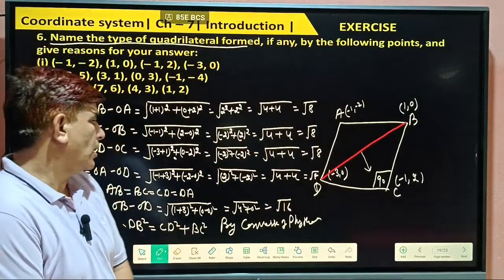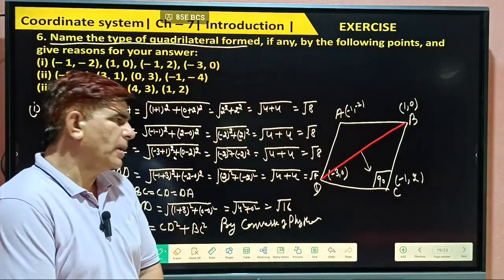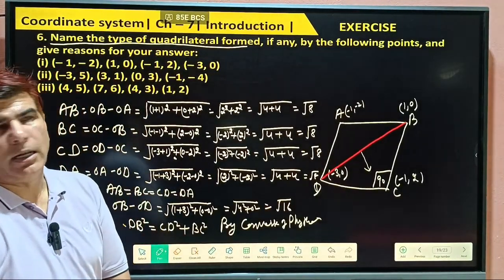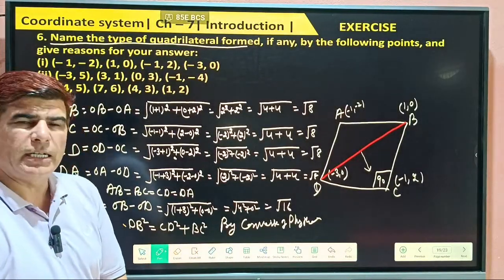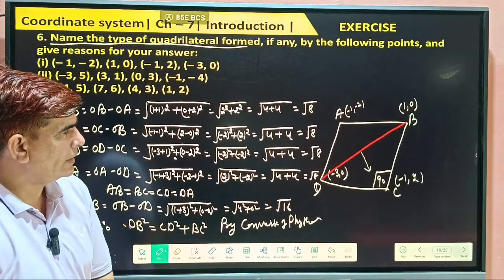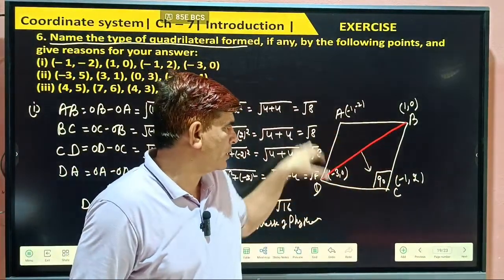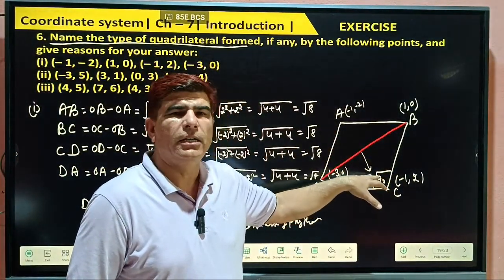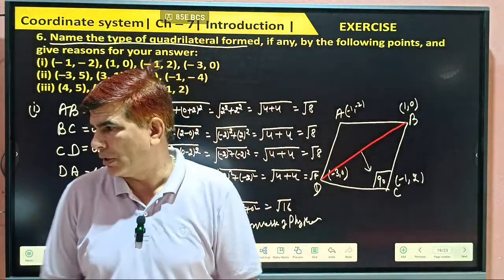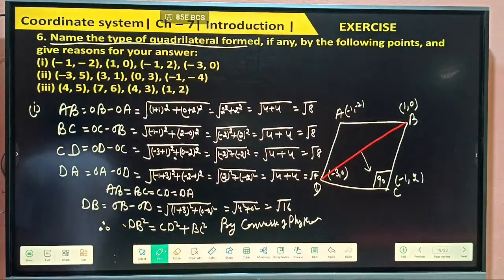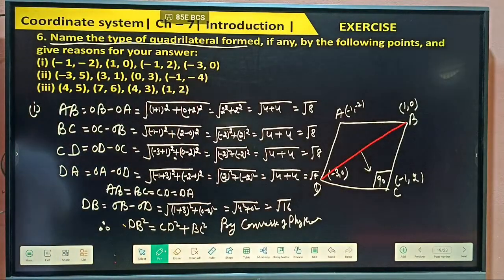By the converse of Pythagoras theorem, angle C is a right angle and triangle DBC is a right angle triangle. If this rhombus has one angle of 90 degrees, the remaining angles also become 90 degrees. So ABCD is a square.